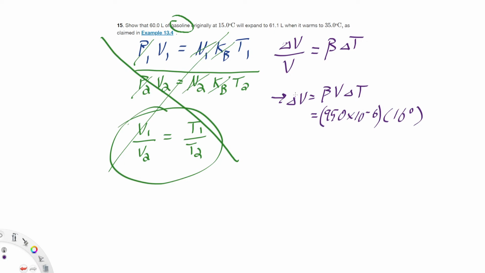So we just have a volume unit on the left-hand side and a volume unit on the right-hand side. We don't actually have to convert to meters cubed if we don't want to. Whatever unit we have on the right-hand side will also be the unit on the left-hand side. The 16 degrees is 35 degrees minus 15 degrees.